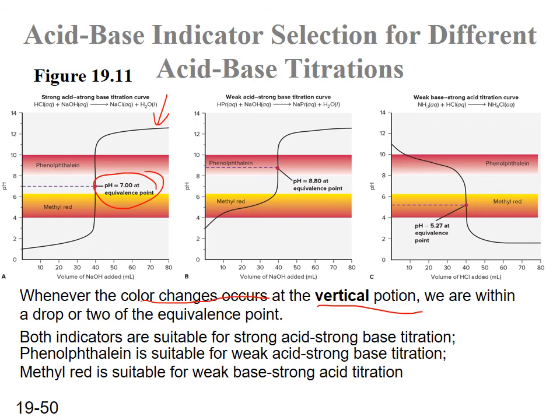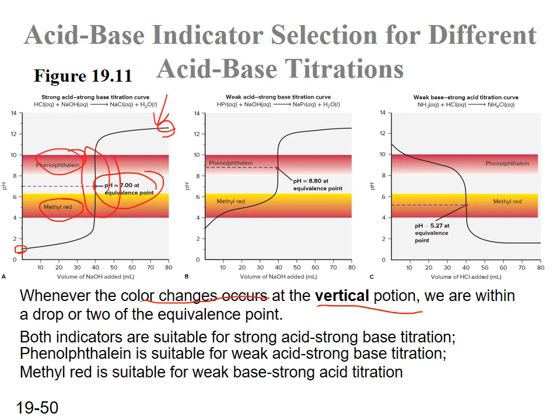Also, at the beginning, the pH is very low, that's a strong acid, and at the end, the pH is very high, so that's a strong base. For this titration, phenolphthalein and methyl red are both appropriate because they both are in the vertical region.